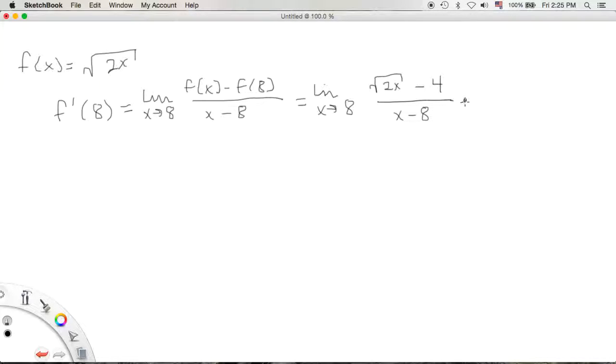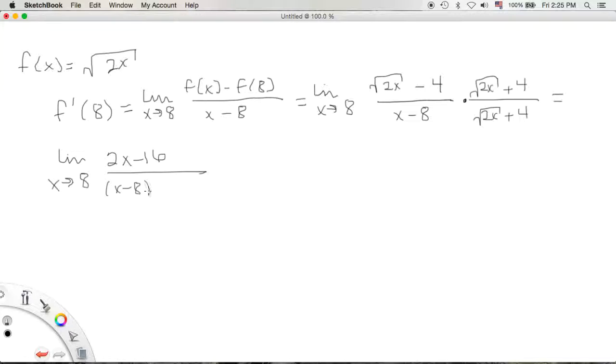Well, I have to multiply by 1 in disguise because I can't change anything. In order to get this function to look like something where I've squared both things, that's what I have to multiply by: the same thing with a different sign. So I multiply that through, and I get 2x minus 16 on the top, just like I wanted. And then I have x minus 8 times the square root of 2x plus 4.